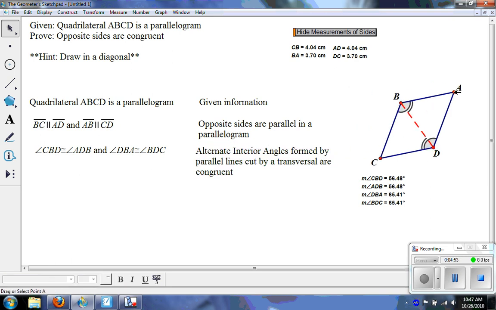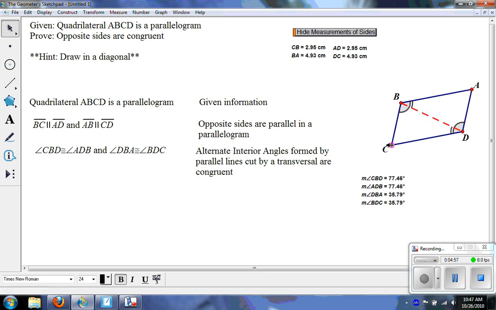Now I've got this additional piece of information where I've got these congruent items, and if I start to think about it, I have two sets of triangles within my parallelogram. So all I need is one more piece of information to be congruent, and then I'll have two congruent triangles. Well, by drawing in that diagonal, I know that I have a reflexive side.